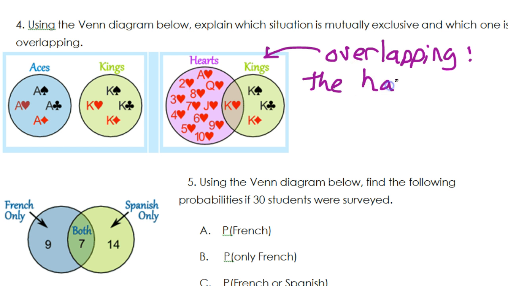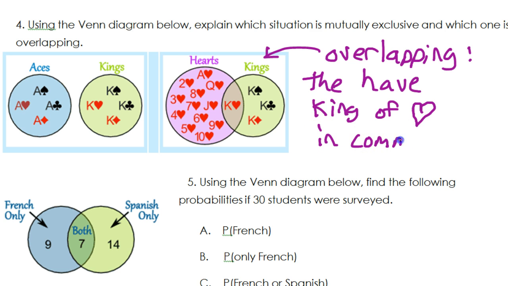They have the King of Hearts in common. Whereas this pair of events over here are mutually exclusive because they don't have anything in common.